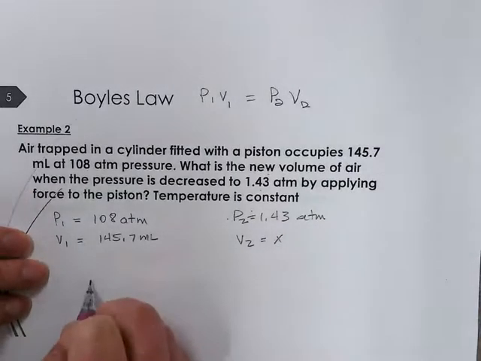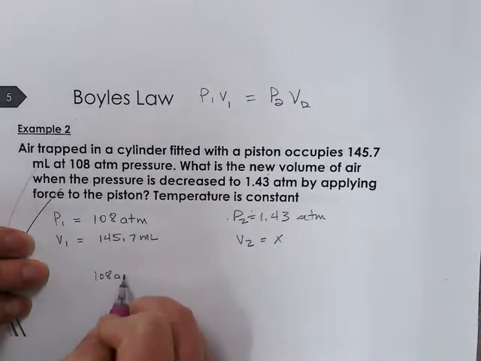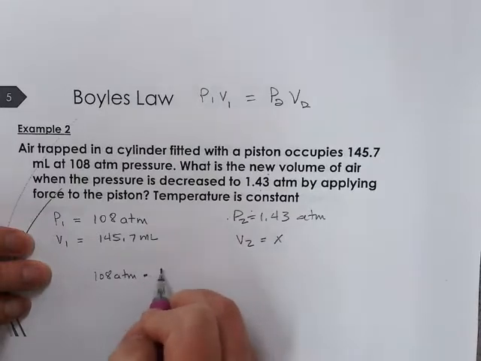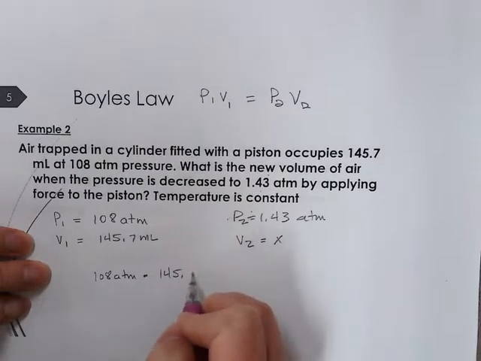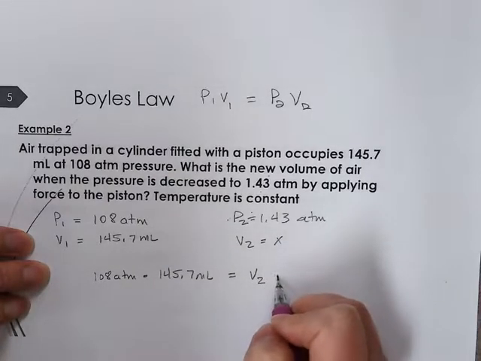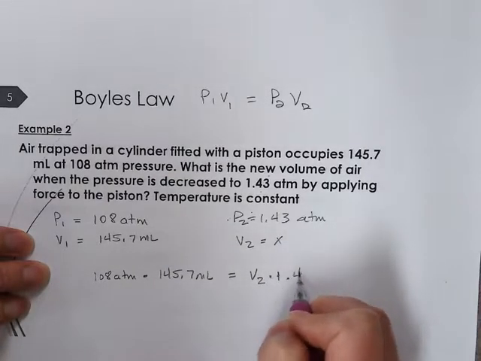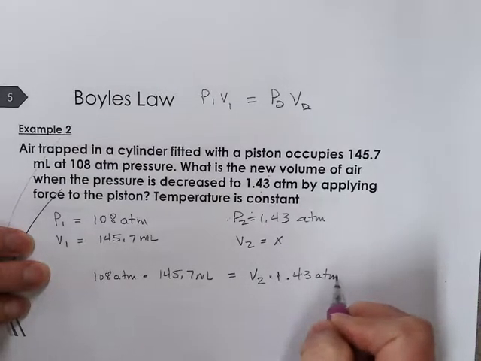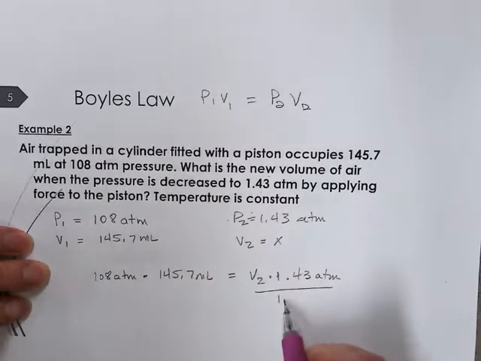Okay, so we're going to say 108 atmospheres times the 145.7 milliliters is equal to this new volume times the 1.43 atmospheres.